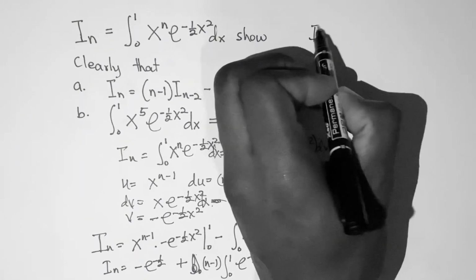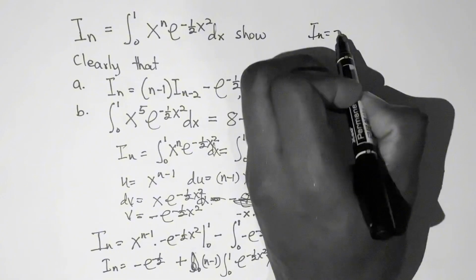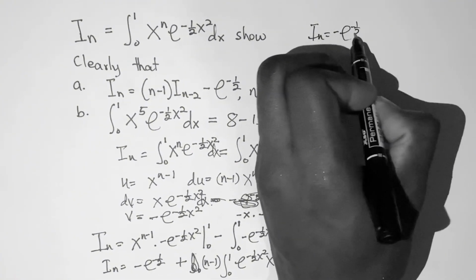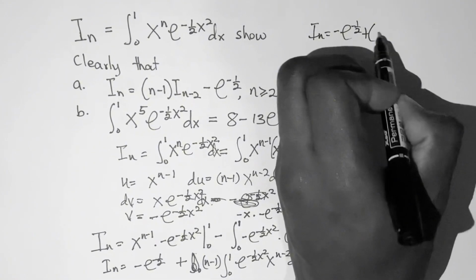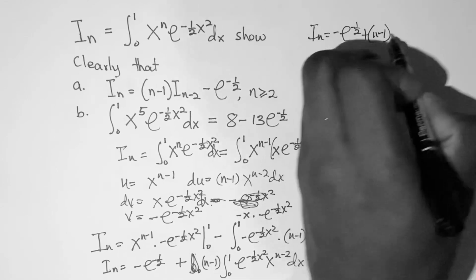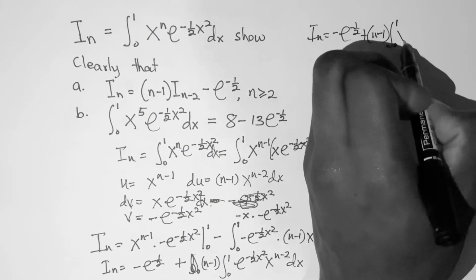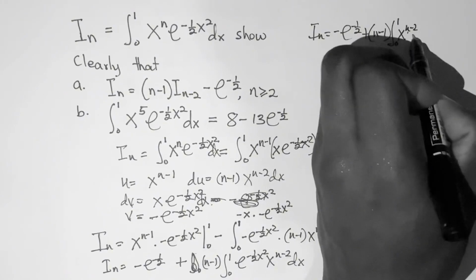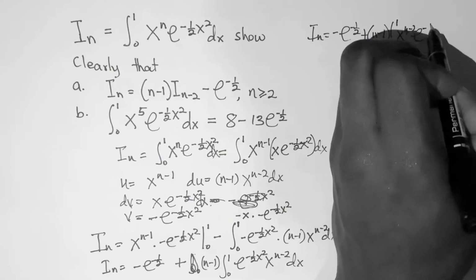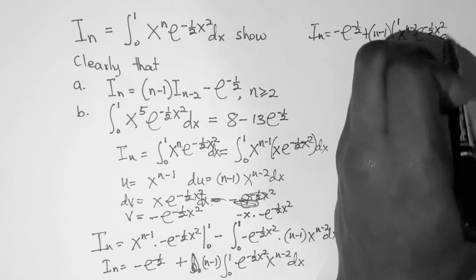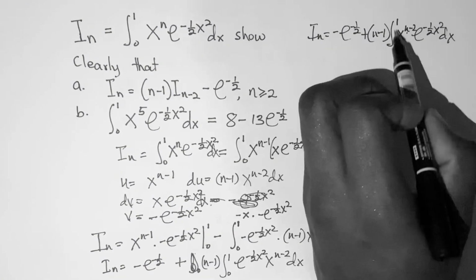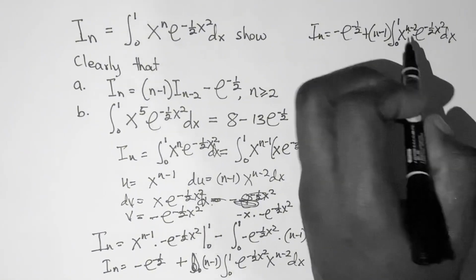So I of n is equal to minus e^(-1/2), then plus (n minus 1) times the integral from 0 to 1 of x^(n-2) e^(-1/2 x^2) dx. And see that all of this is I of n minus 2.